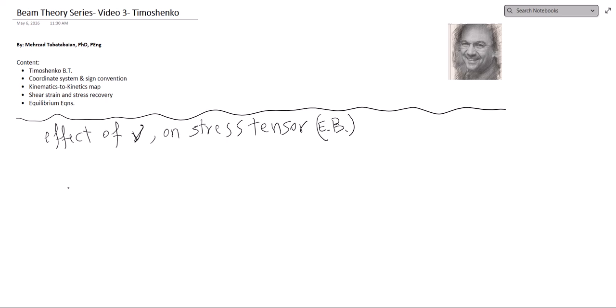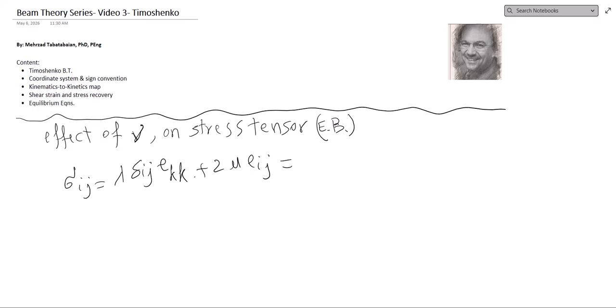Quickly, I rewrite here that sigma ij is lambda delta ij ekk plus 2 mu eij.